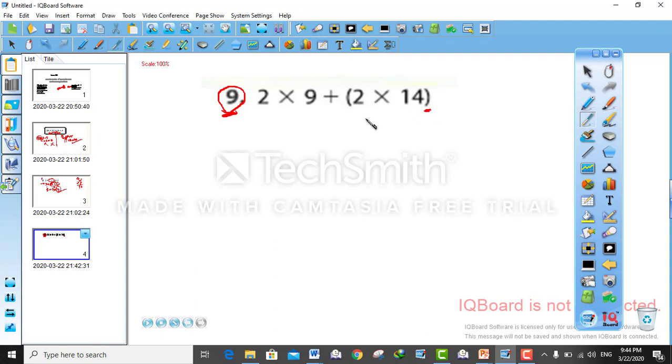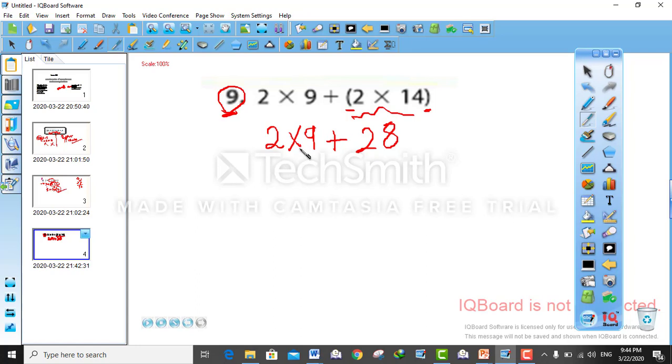Because of this bracket. Yes. The bracket is stronger, so I have to follow what the bracket or parentheses is saying. So I have to multiply 2 times 14, which gives us 28. Then just copy the addition and copy the 2 by 9.